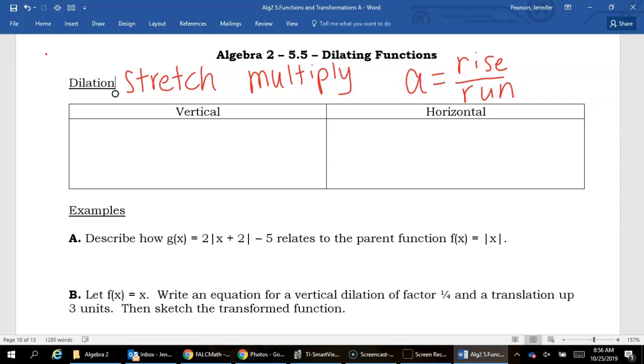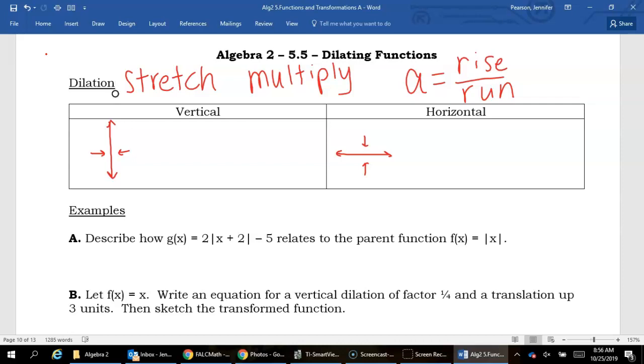So if you had one of these graphs printed on the balloon and you pulled it this way, your graph would get taller, but at the same time it would get a little skinnier. That's a vertical dilation. Whereas if you pulled it sideways, it would get wider, but at the same time it would get a little bit shorter. That's what we call a horizontal dilation.